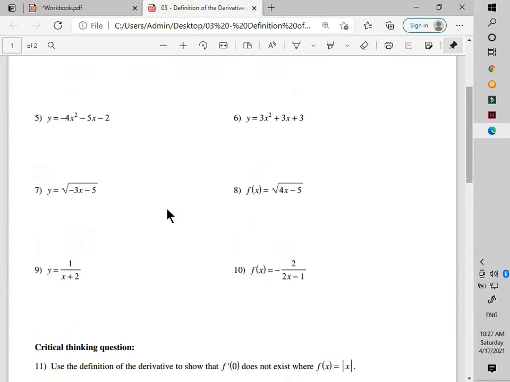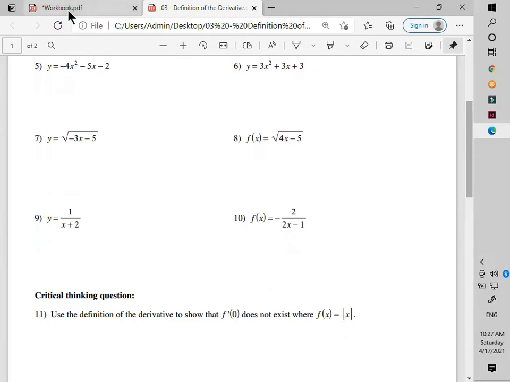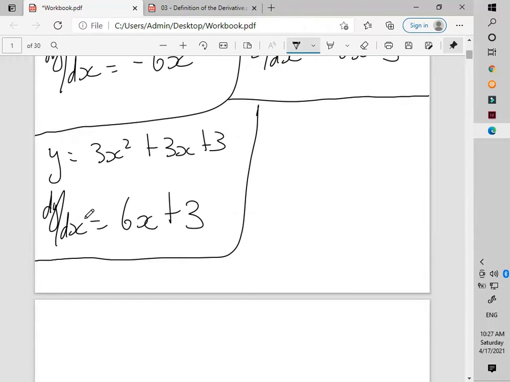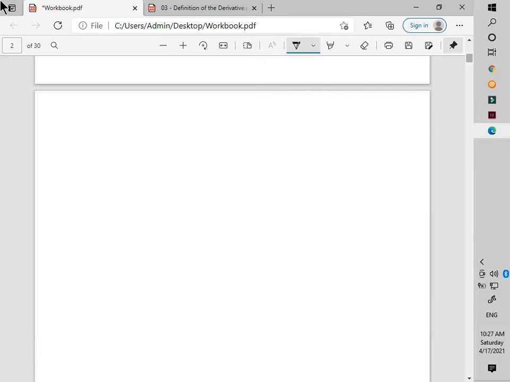Now, this is where I have to work it slow for you. So y is equal to the root of minus 3x minus 5. Whenever you have something like this, I would always suggest that you do this first: you put the x, power here is 1, this goes in the numerator; here is 2 because it's a square root.